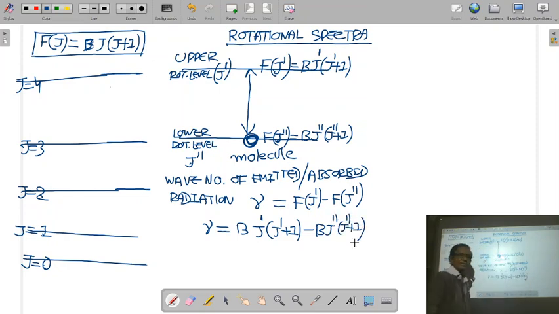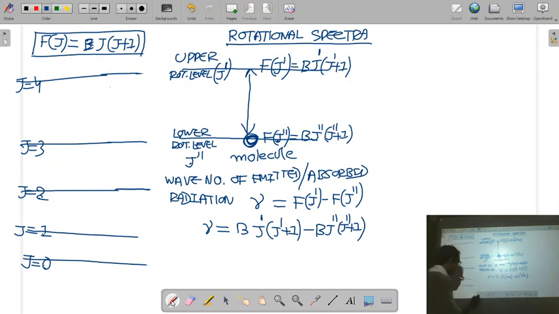So this equation gives the frequency of the emitted or absorbed radiation. When the molecule goes from a lower rotational level to a higher rotational level, it will give the absorption spectra, and the wave number of the absorbed line is given by B J dash (J dash plus 1) minus B J double dash (J double dash plus 1).